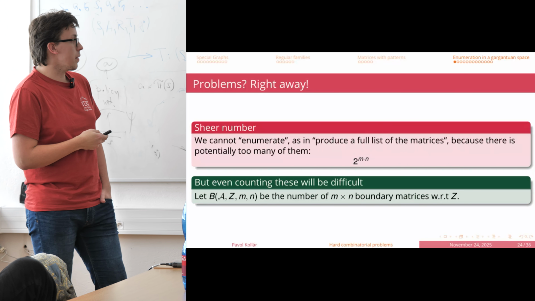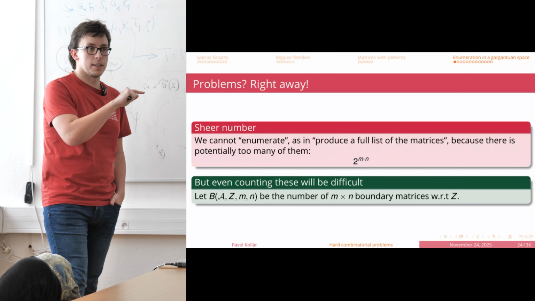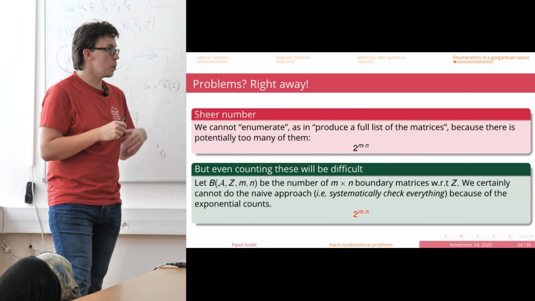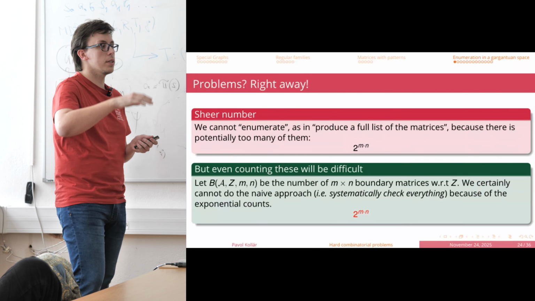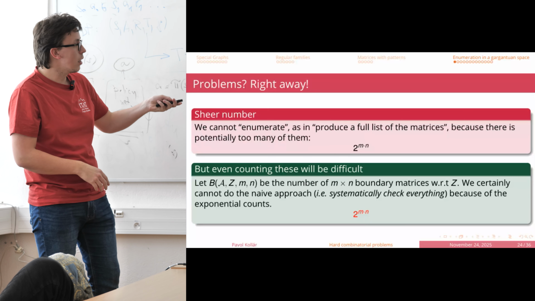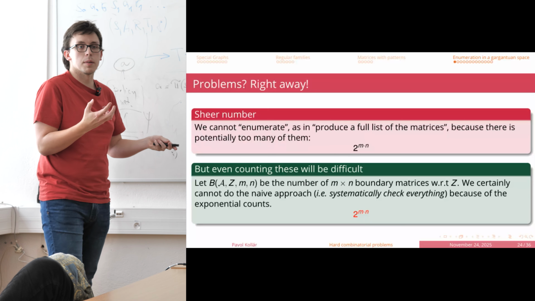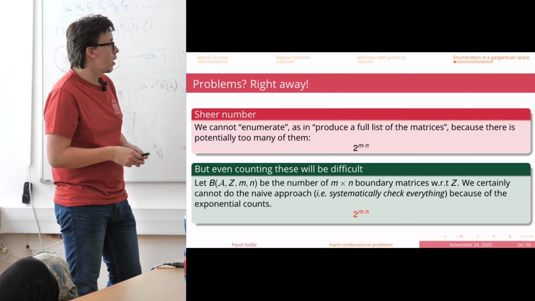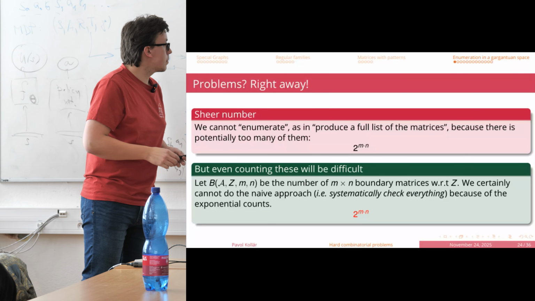So we'll be satisfied with just counting, but even that needs to be done carefully, because we cannot just do the naive thing of listing all the matrices of size m times n over the alphabet A, because there are exponentially many of them, and so that will be intractable. So we need to be a little bit more clever than that.